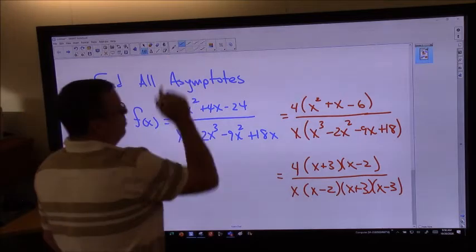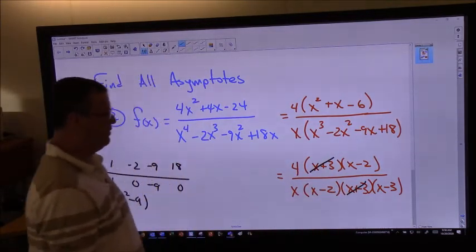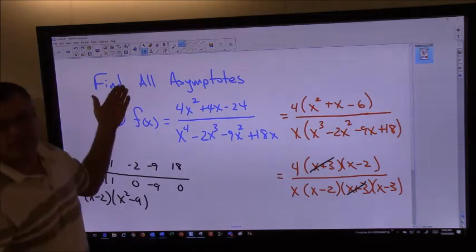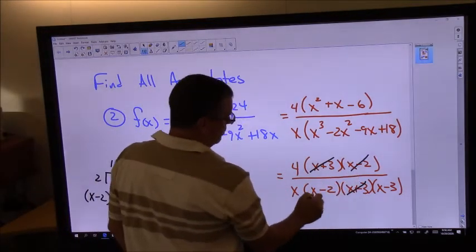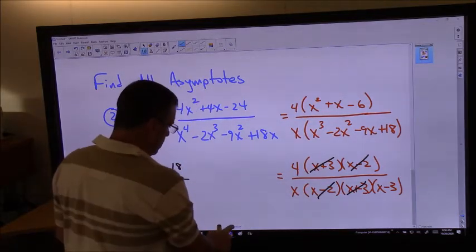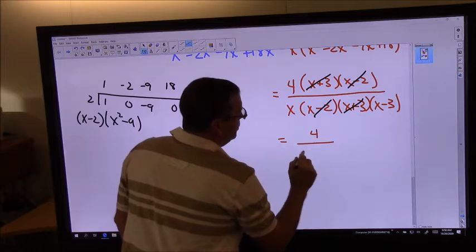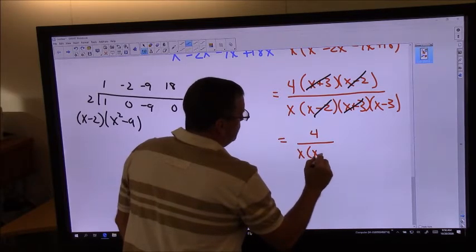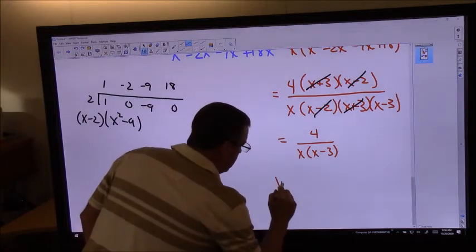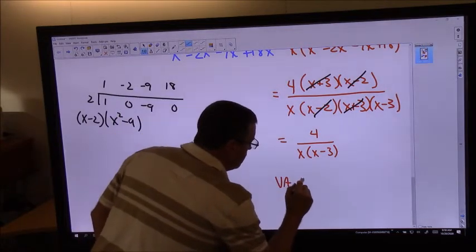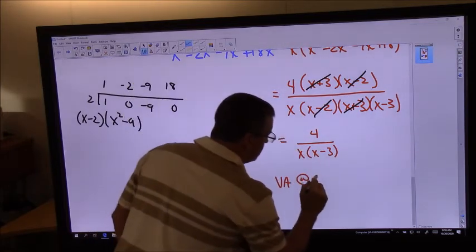All right, so removable discontinuity at x equals negative 3. They didn't tell us to find that, but I can at least think that in my head. Here's another removable discontinuity at x equals 2. And so what I have now is 4 over x times x minus 3. And so there's going to be a vertical asymptote at x equals 0 or x equals 3.